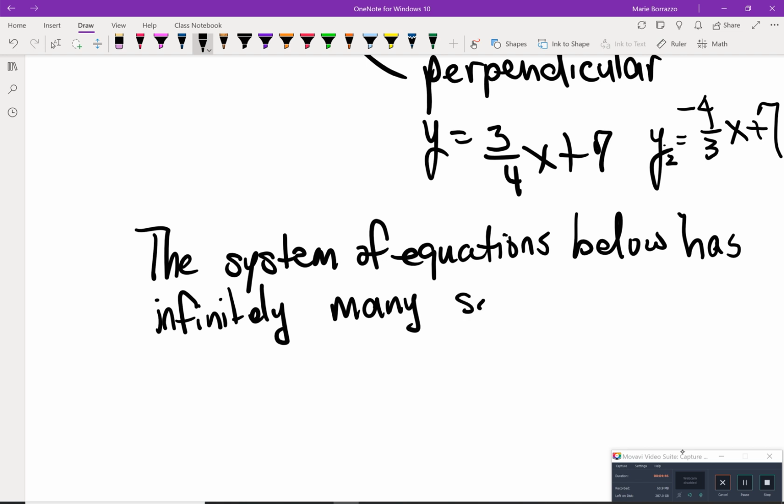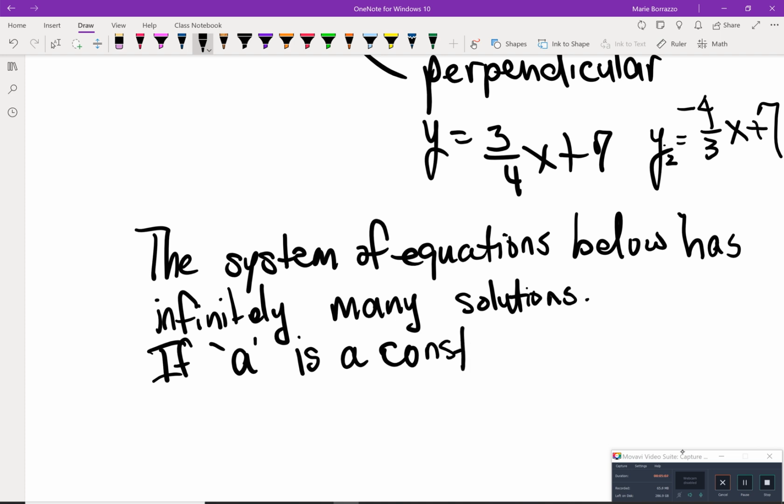So right away, remember there are 3 systems, and I've discussed them with you ad nauseum at this point. We will talk about it in a moment. So this says if A, and A is like a letter we're looking for, is a constant, what is the value of A?